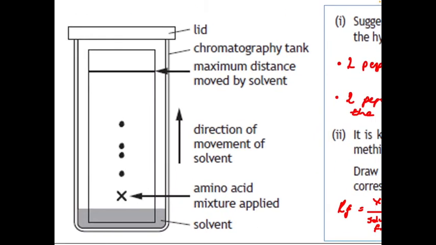Let's measure the solvent front. So I'm going to use a wee ruler here, and I'm actually going to put this in here. So that's where we started off, and then we're going to go to the top. So that is going to work out at about 7.5 centimetres.